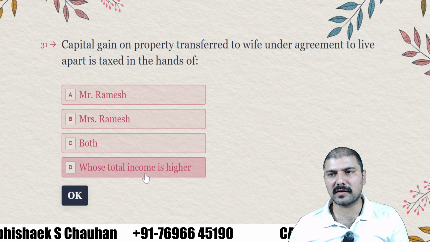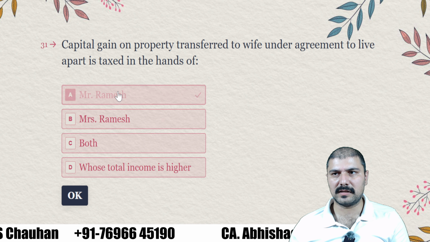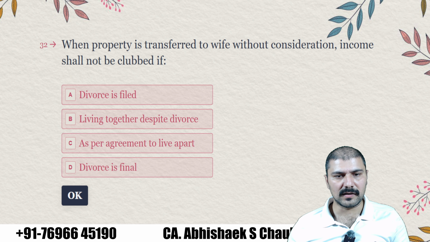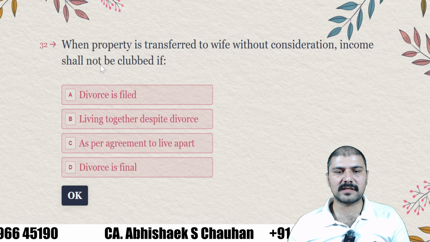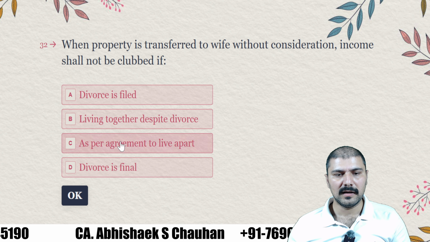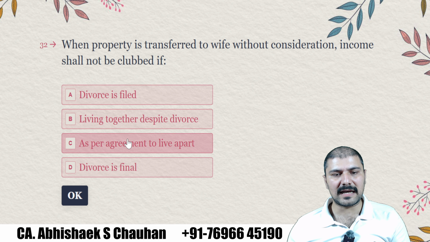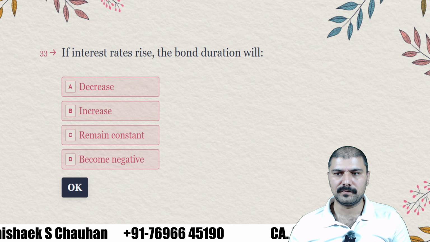The correct answer for this is Mr. Ramesh, right? When property is transferred to wife without consideration, income shall not be clubbed if divorce is filed, living together despite divorce, as per the agreement to live apart. Whatever the agreement to live apart is, according to that it will be done.